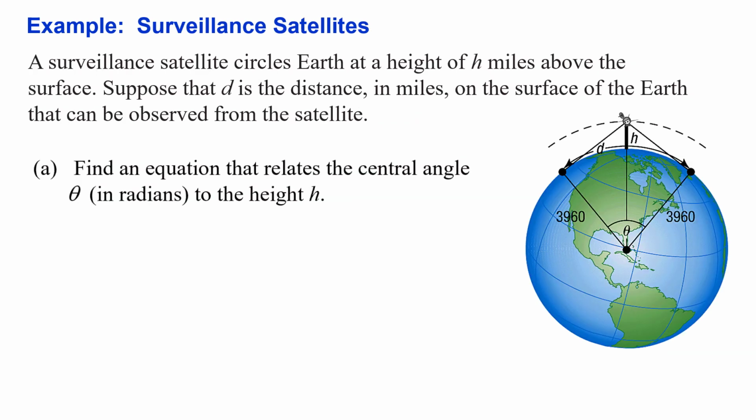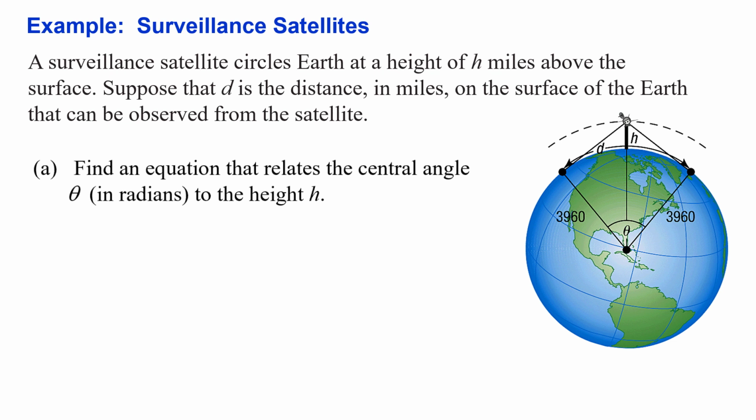In this example, we consider surveillance satellites. This problem states that a surveillance satellite circles Earth at a height h miles above the surface. Suppose that d is the distance, in miles, on the surface of Earth that can be observed from the satellite. In the given figure, we have a graphic of Earth. An arc on the surface of Earth of length d is subtended by an angle theta located in the center of Earth.